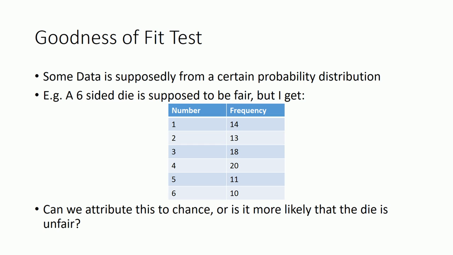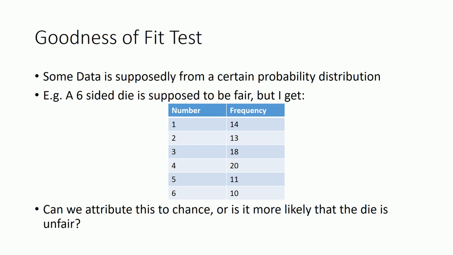So you collect the data, how many ones, how many twos, how many threes you got, and you look at that and say, oh, I didn't get a lot of fives and sixes and I got a lot of threes and fours. I wonder if this is a weighted die. Well, the question is really asking, can we attribute this difference from what you expect to chance, or is it so different that it's more likely that it's an unfair die? That's what a goodness of fit test is designed to do.